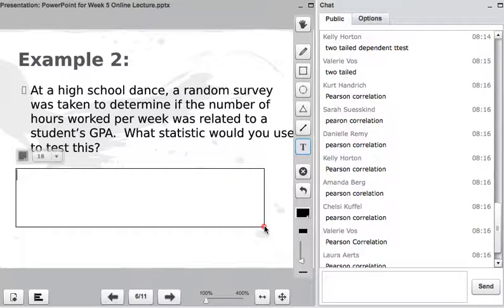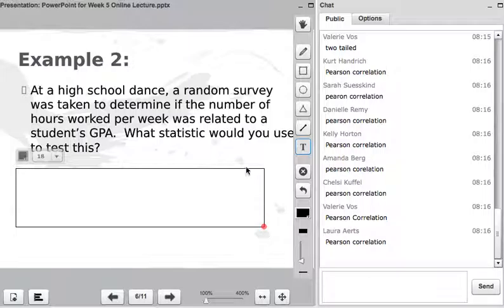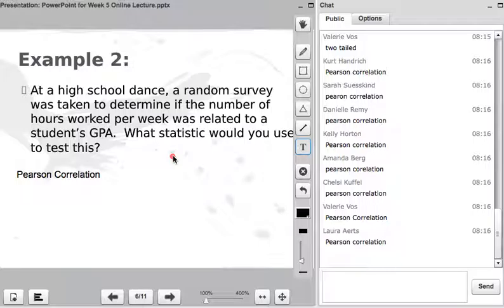Okay, nice. Pearson correlation. We know it's a correlation because we were looking for related. And we know it's a Pearson correlation because both GPA and the number of hours worked are interval/ratio data. Nothing is in ordinal. Any questions on that?